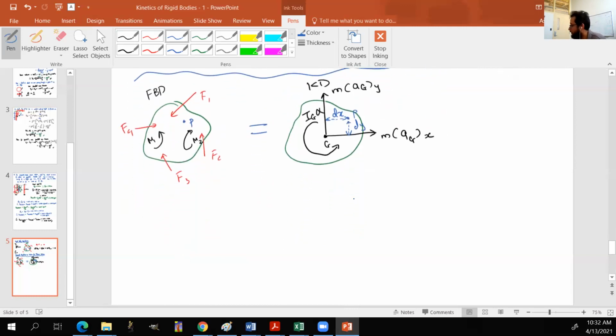So looking at the resultant equations of motion that you get, and these are scalar equations, you will get sum of forces in the x direction equal to m times the translational acceleration of your mass center in the x direction. You'll have sum of forces in the y direction equal to mass times ag in the y direction.